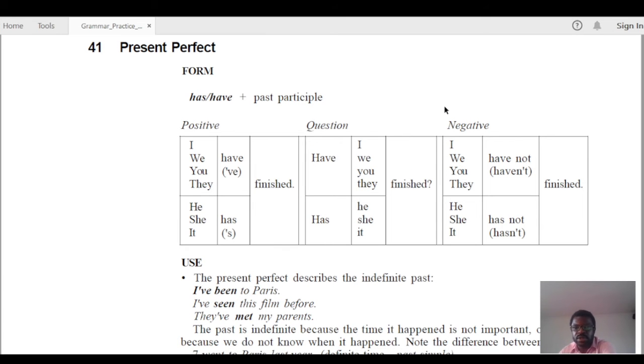Yesterday we actually didn't do much, I don't know why that was, but today I don't want us to waste any of our time the way we did yesterday. So I decided to make this video. Today we're looking at the present perfect form.